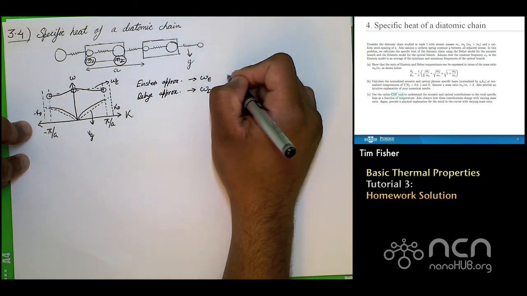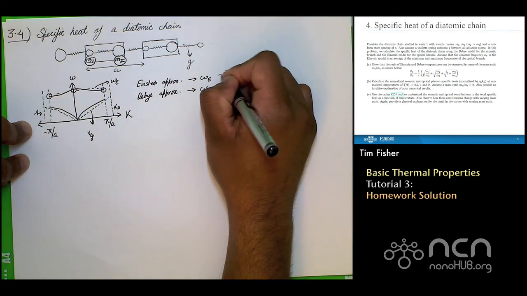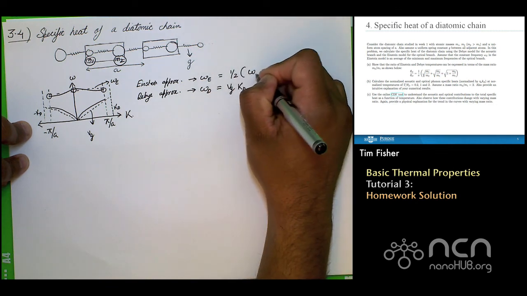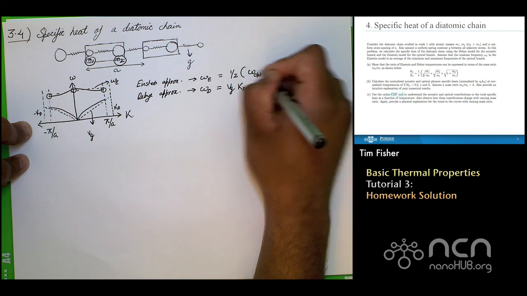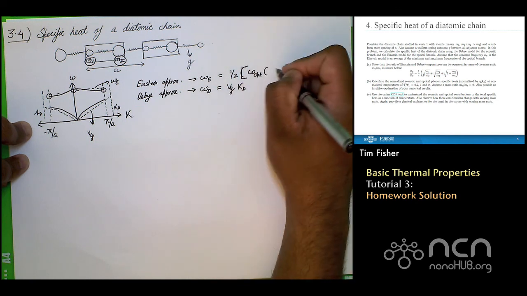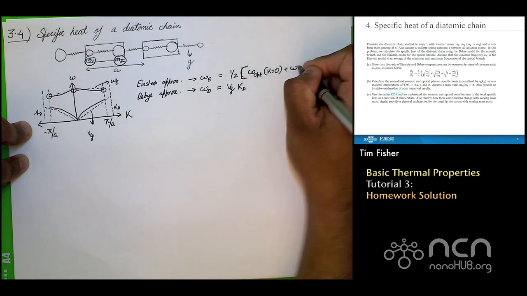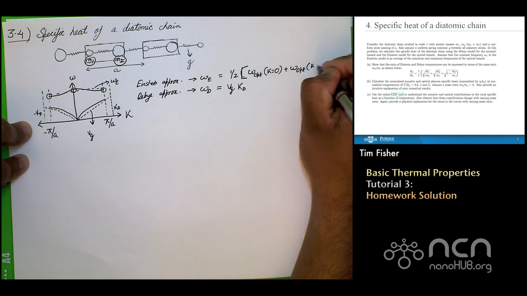Similarly, the Einstein approximation states that the Einstein frequency is nothing but the average of the optical frequency at k equals 0 and the optical frequency at k equals pi by a.